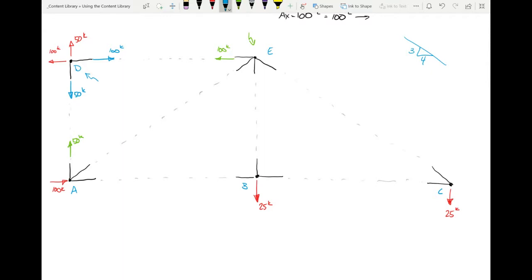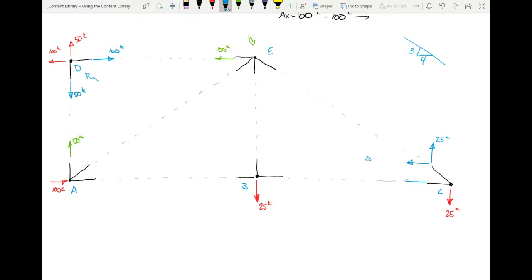All right. Now let's go back to joint C. So we've got that, that, and that. Two horizontals, one vertical. 25 down. That's got to be 25 up. Now if that's 25 up, first off, we know that's going to go that way because it's in tension. And how do we get this?